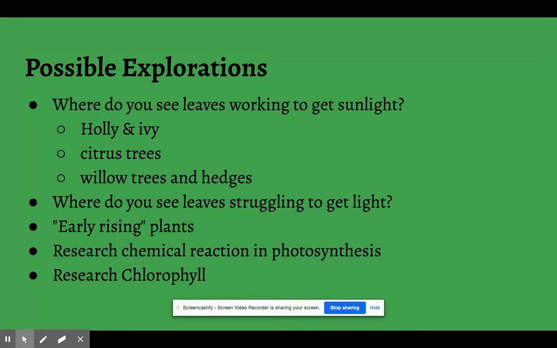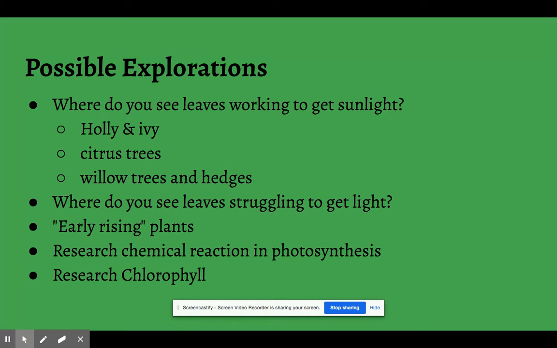Here are some possible explorations. Where do you see leaves working to get sunlight? Holly and ivy climb up. Why? To get to the sun. The leaves of citrus trees are formed in such a way and organize themselves so that they don't block the light from one another. Willow trees and hedges also have some interesting ways where they utilize getting sunlight.